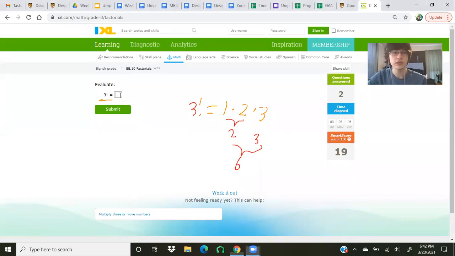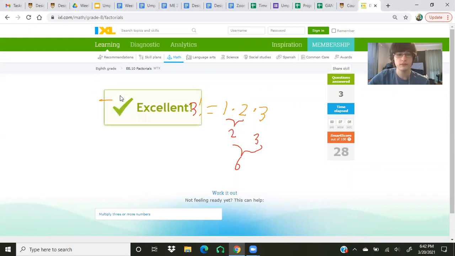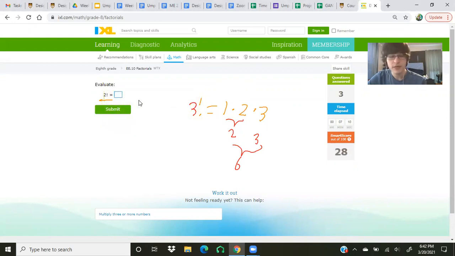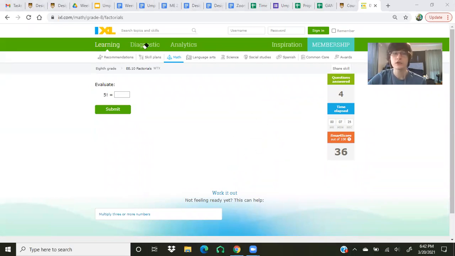So let's put in 6 and see if we're right. And we are. And then hopefully you can see from just what we have here, 2 factorial would be 1 times 2, which is just 2. That's terrific. And we've already done 5 factorial, and we found that out to be 120.